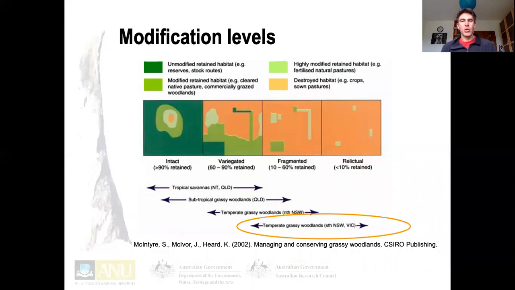One conceptual model that we also looked at in one of the earlier classes, when I talked about landscape change, is that landscapes tend to be simplified from more or less intact in terms of their native vegetation to variegated, fragmented, and ultimately relictual, in the sense that we have less and less of the original vegetation cover retained.